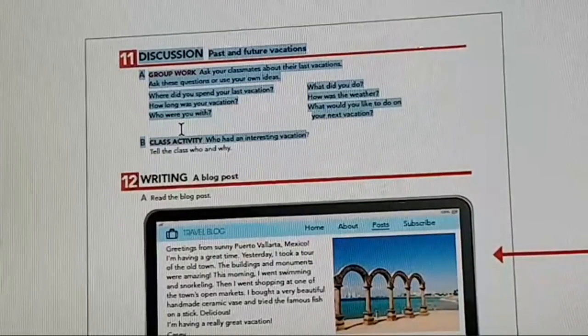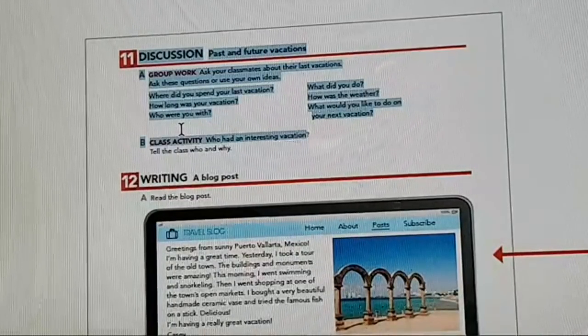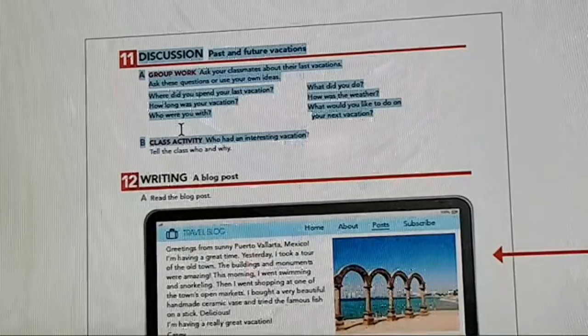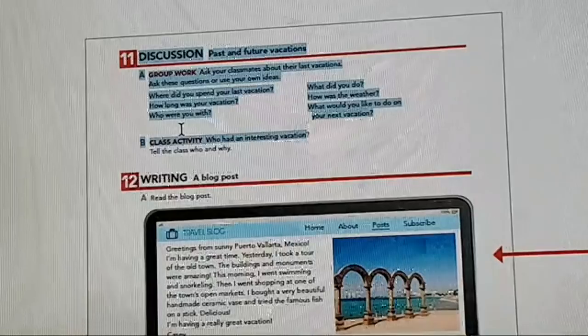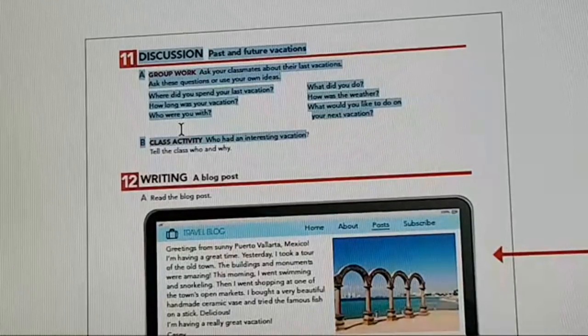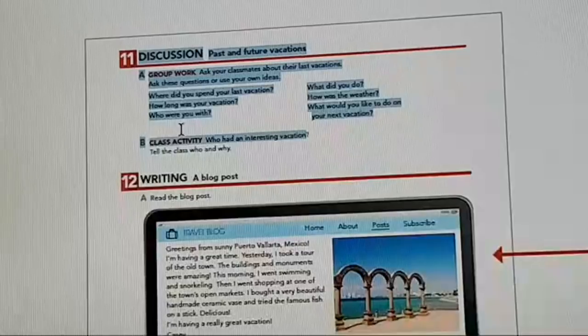Now, it's important to mention that interaction patterns are to be managed differently in each class. It depends on the number of students you have. It depends on their background. It depends on their level and what you want to achieve in class. Another aspect that I would like to mention from interchange is that possibility of having very clear objectives in the course book. We're going to talk about that a little later.